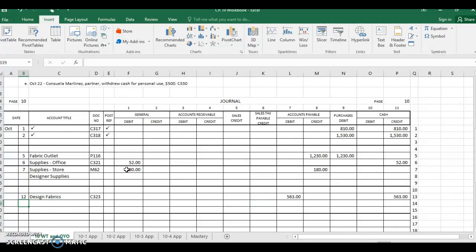Not too bad. Our second transaction on the 13th, we paid cash for our telephone bill. Nothing too crazy. We've done this before. Okay, and you'll remember from Accounting 1 that the telephone bill is a utility. So it's a utilities expense.